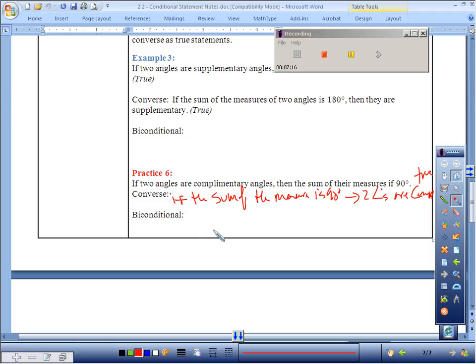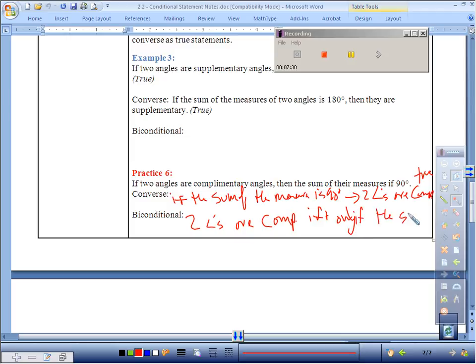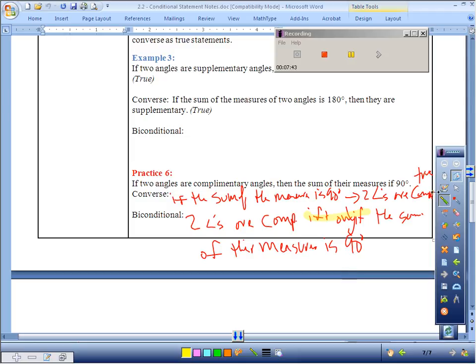So the biconditional statement would then read, two angles are complementary if and only if the sum of their measures is 90. And that's a biconditional statement. Again, if and only if. Both the conditional and the converse must be true.